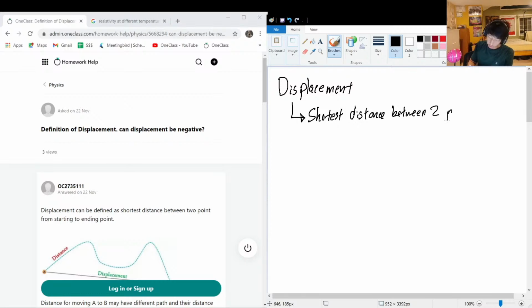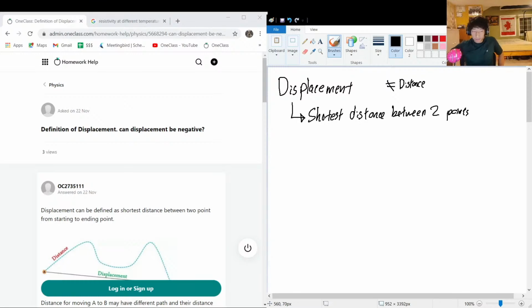Between 2 points. So right now I'm in the upstairs of my house. The displacement to my basement is a straight line down, but my distance, this is not displacement. The distance to my basement would be like me walking around the stairs in a curvy path, maybe stopping by the kitchen, maybe stopping by the garage.